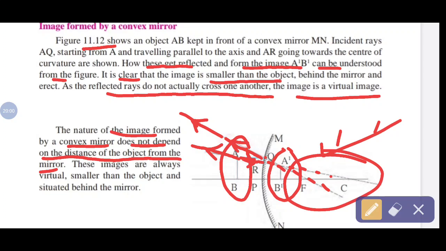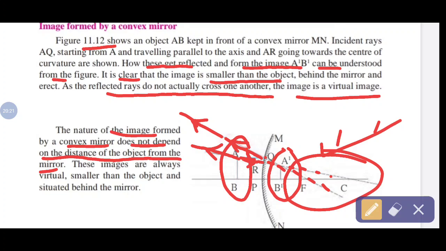Check these points. Clear, all of you? So a very important line is given there. The nature of the image formed by a convex mirror does not depend on the distance of the object from the mirror. Anywhere you place the object in front of a convex mirror, all are getting?